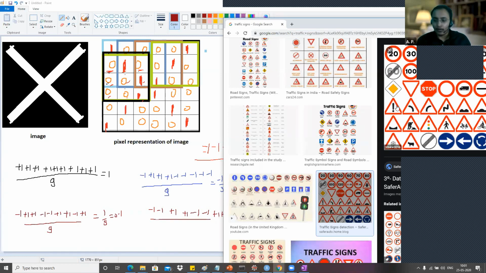At the same time, the smaller the filter size, the more complex and minute features will be identified. The larger the filter size, the more small or complex features will be skipped. So for traffic signs, I can take, let's say, a 10 by 10 filter, or 5 by 5, or 7 by 7. Whereas for face recognition, I may want to go for a 3 by 3 filter. I hope that gives you an idea about the filter size, right?